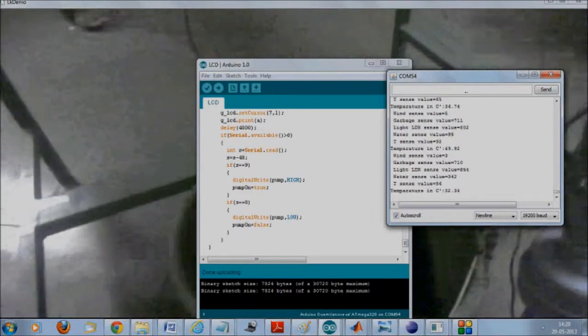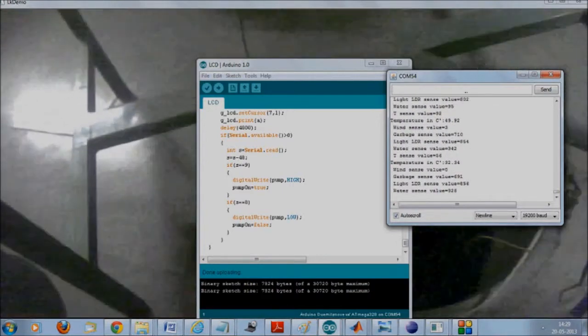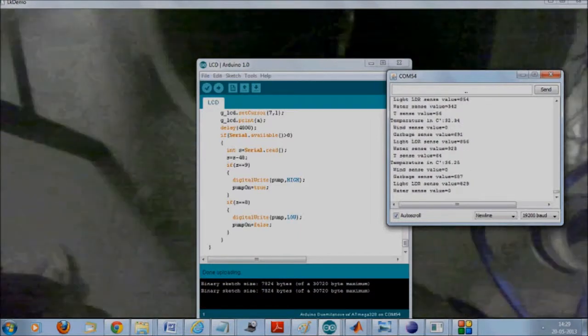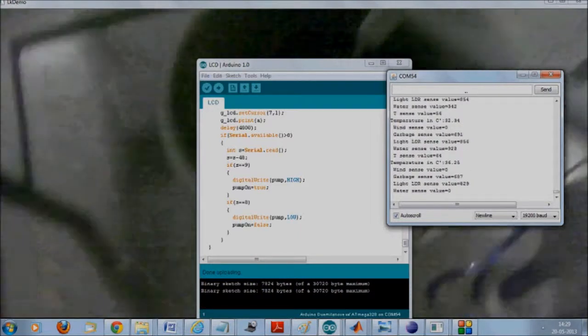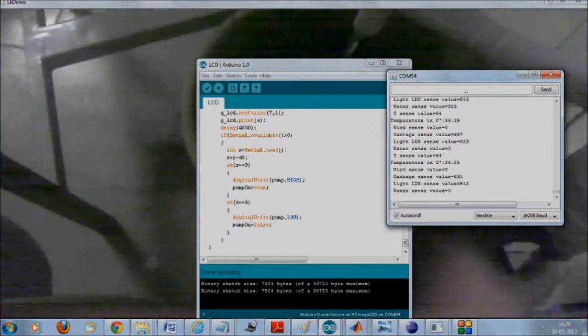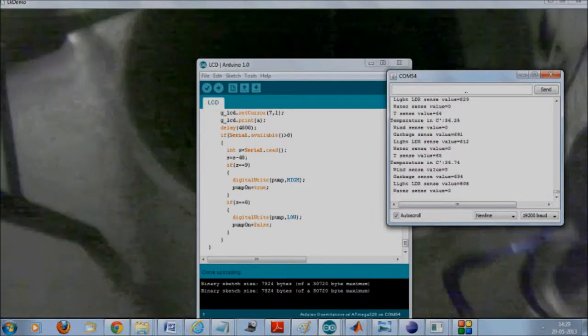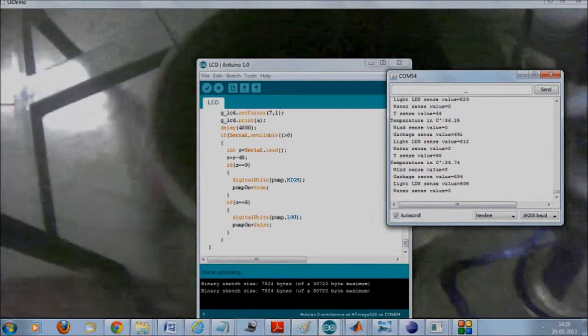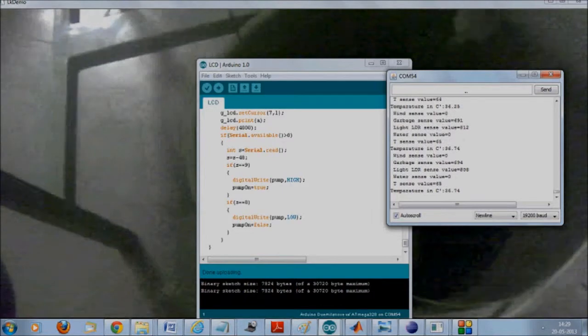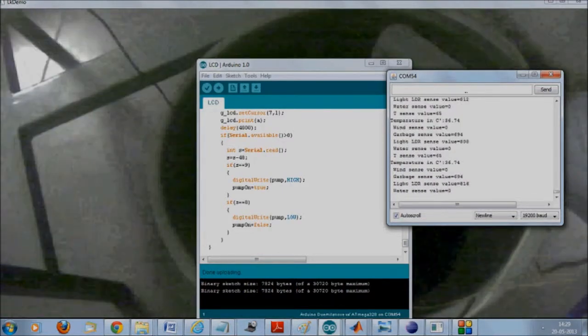Whenever there is an overflow, when a sufficient amount of water fills up, it should get closed automatically. What is the water value showing over here?